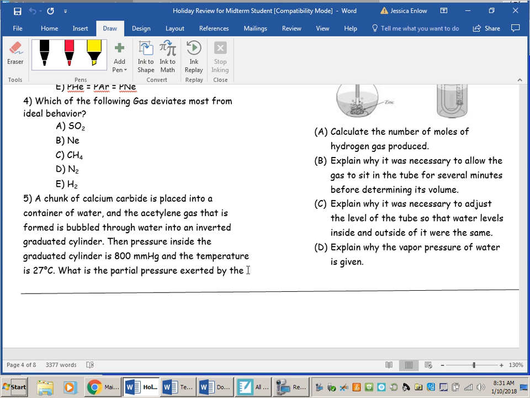And then size kind of does the same thing. Size can relate to interactions, but size also means it takes up more volume, so there's less play space, so then it's going to cause some sort of deviation of pressure again. So what's the best answer here? A, sulfur dioxide is actually polar, so it causes some deviations, but minimal expectation on polarity on your midterm because we have a whole unit on that in like March.